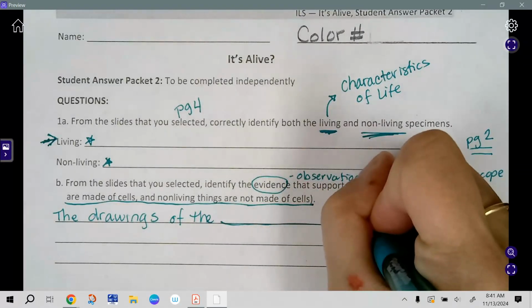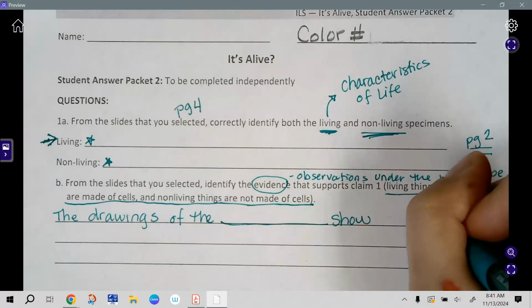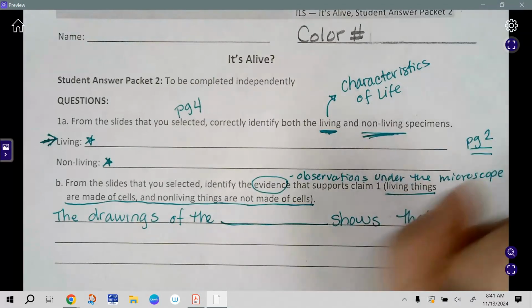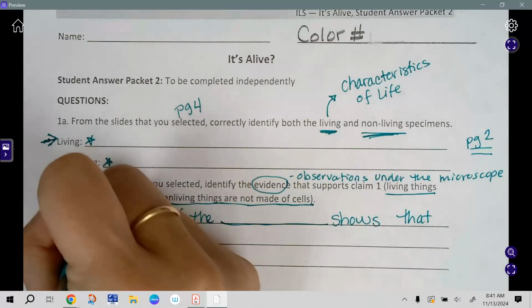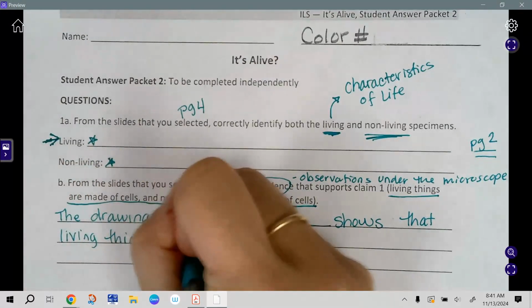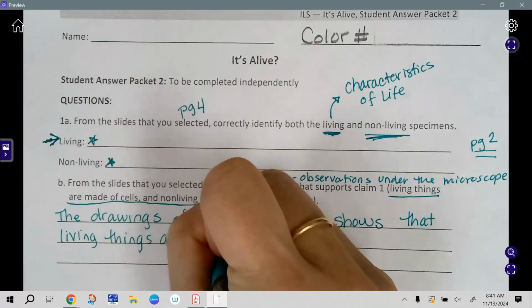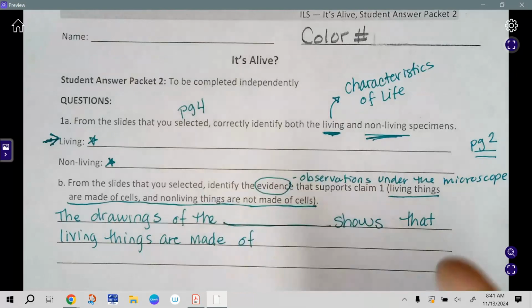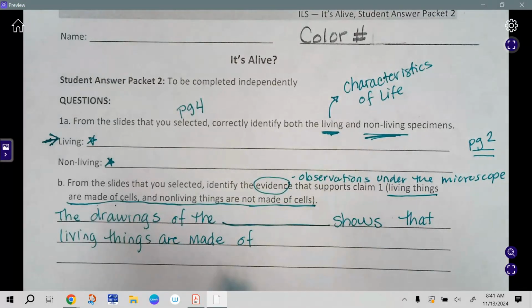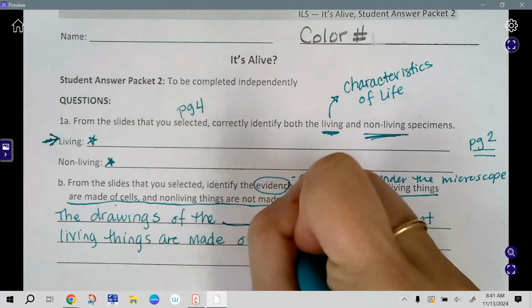show that living things are made of cells, right? Are made of cells.